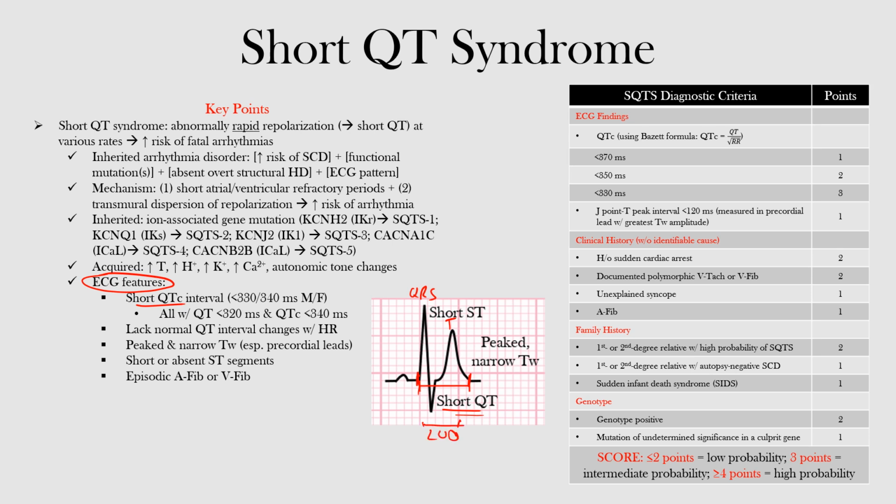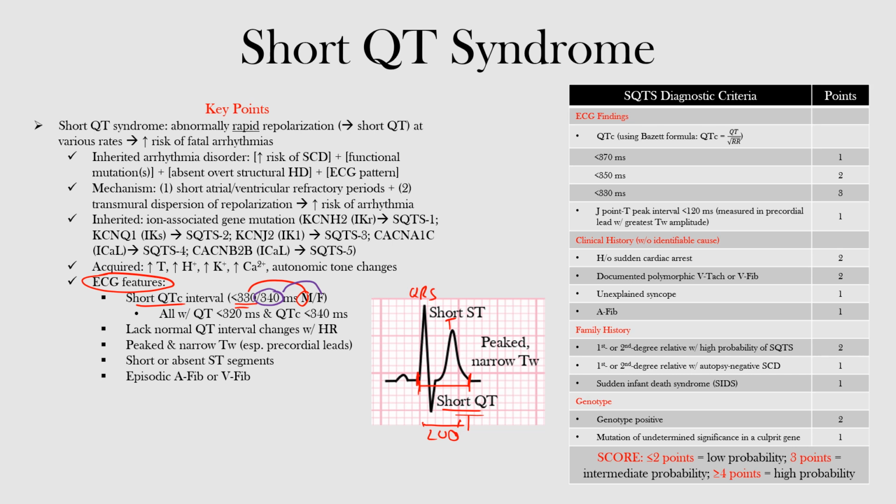So if we go to this point here, we're just about at 240 milliseconds. And we said it's short if it's less than 360 milliseconds, but more specifically in short QT syndrome, we want males to have a QT interval that's less than 300 milliseconds, okay, so this is the males, and then we want the females to have one that is less than 340 milliseconds, okay, so the females a little longer, but we want both of them in that range, okay?